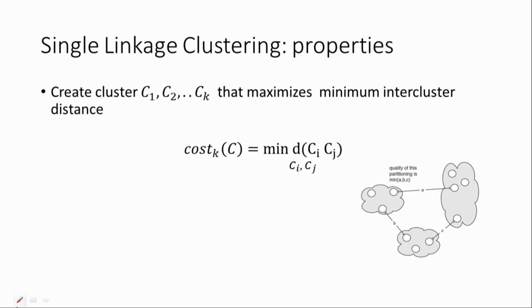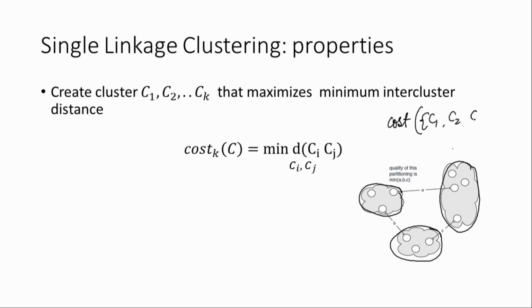Now you give me a clustering C1, C2, C3, and the cost is as follows. First I look at the distance between any two clusters, between C1 and C2. Remember, the distance between C1 and C2 is the minimum distance between a point in C1 and a point in C2.